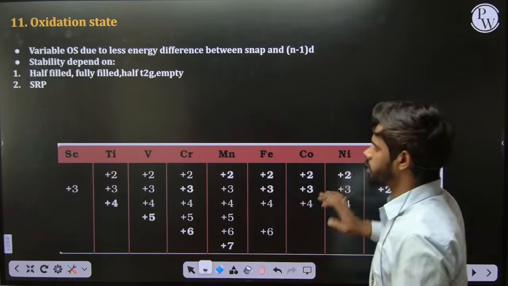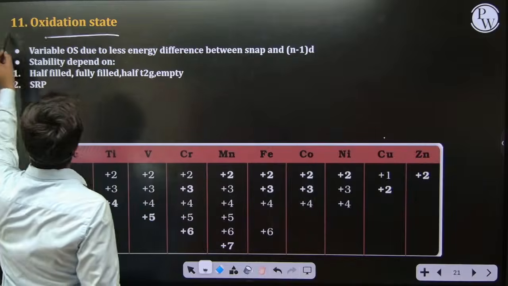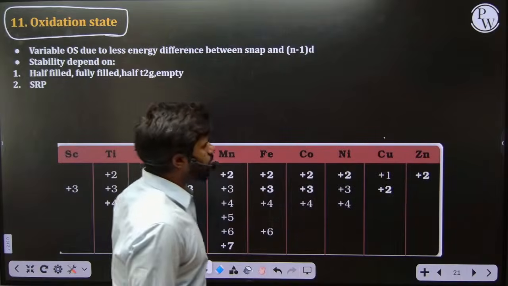Okay, next is the oxidation state of d block elements.